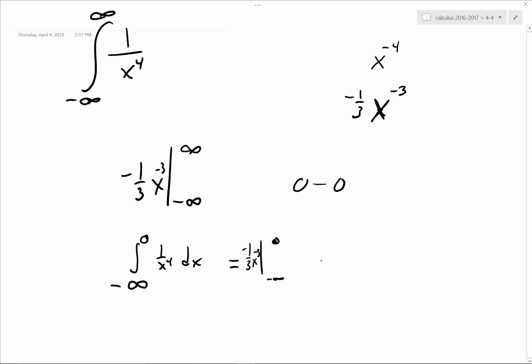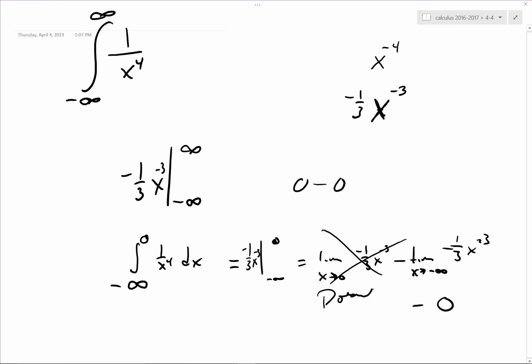And then you would have said, all right, let's take the limit as x approaches 0 of negative 1/3 x to the minus 3 minus the limit as x approaches negative infinity of negative 1/3 x to the minus 3. This is 0, so that's handy, but this does not converge.